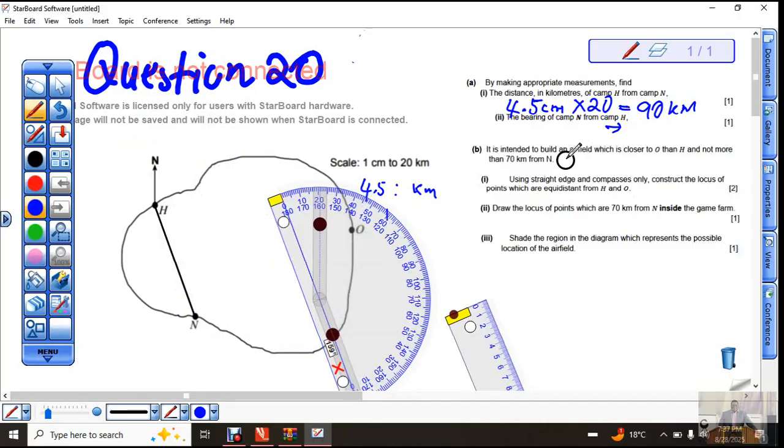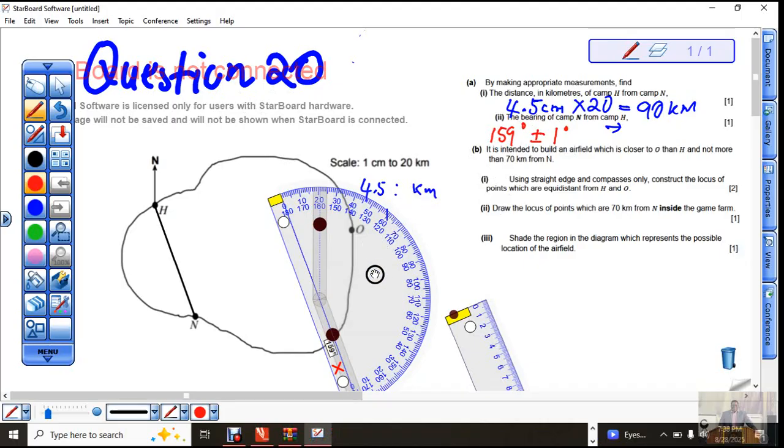You should mark within a range, and an acceptable range for me would be anything from 159 plus or minus 1 degree. It's already a three-figure bearing, so plus or minus 1 degree. If a student has the paper in front of them and they get 160 or 158, that should be acceptable as well.